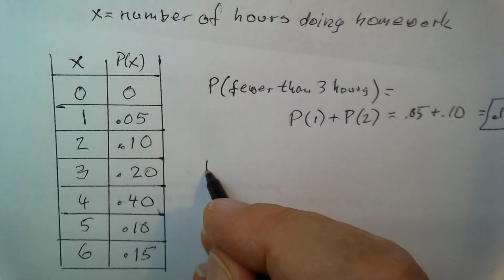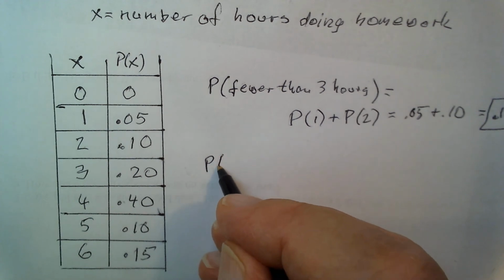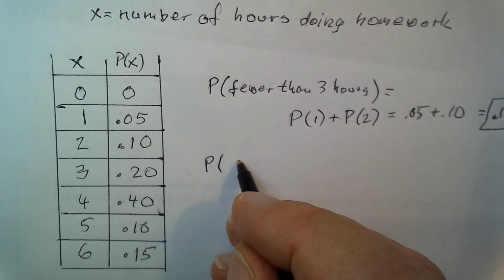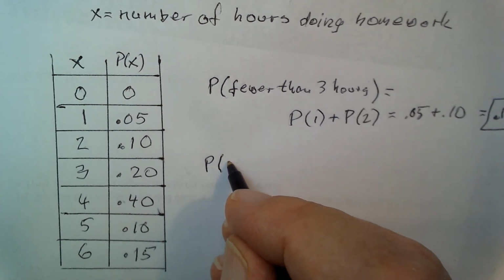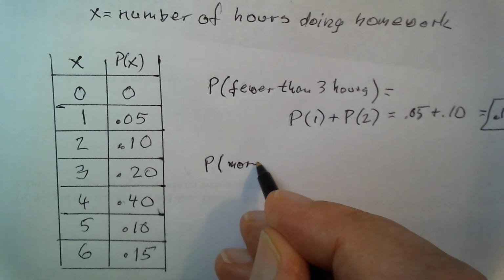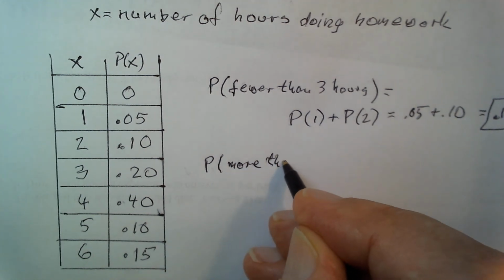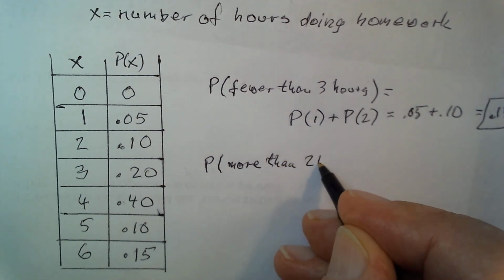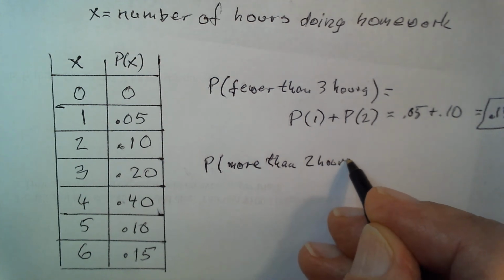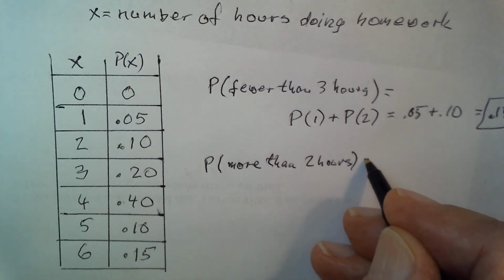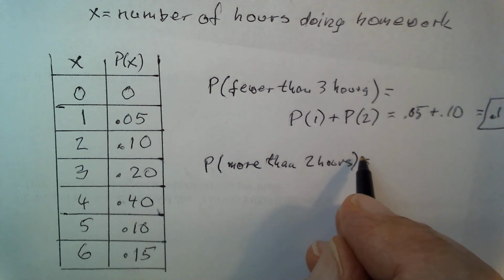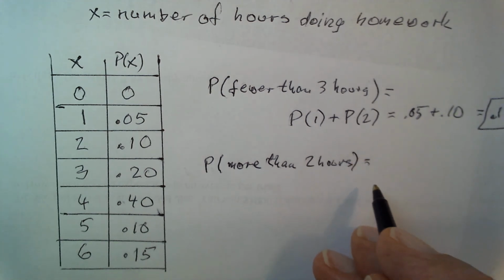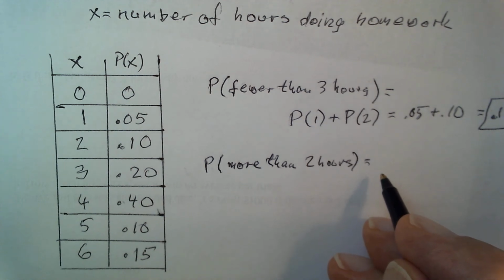How about the computed probability of more than 2 hours? More than 2 hours. Well, there are two ways of doing it, really.